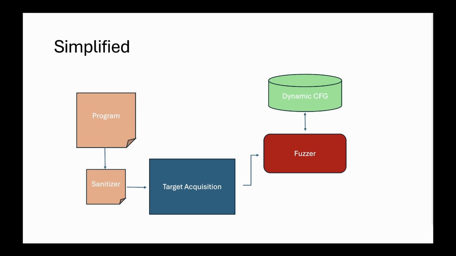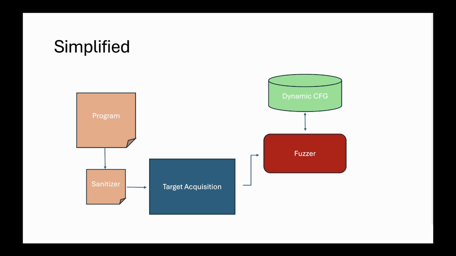The first being the target acquisition. This relates to the sanitizers that we just discussed, where this point is where we are identifying where the sanitizer inserted checks are and basically saying, okay, there might be a potential target here.